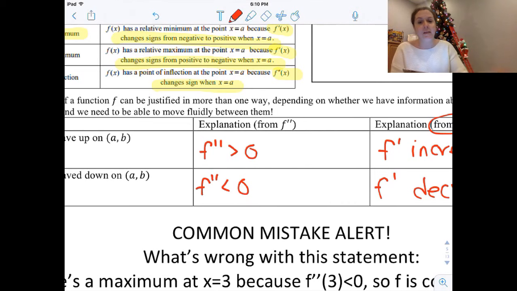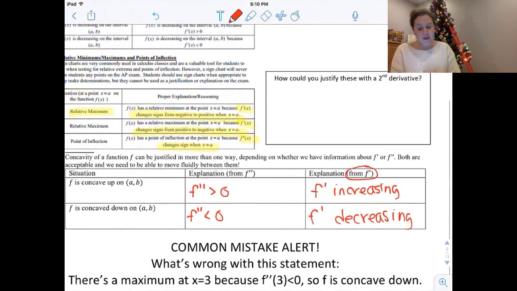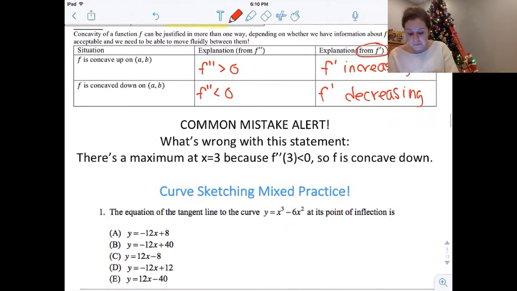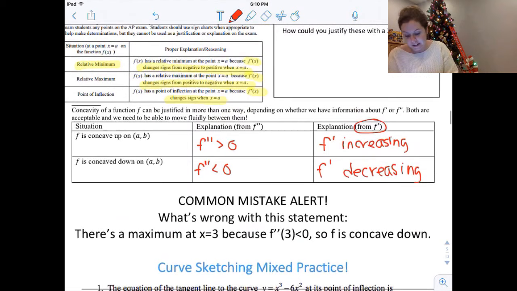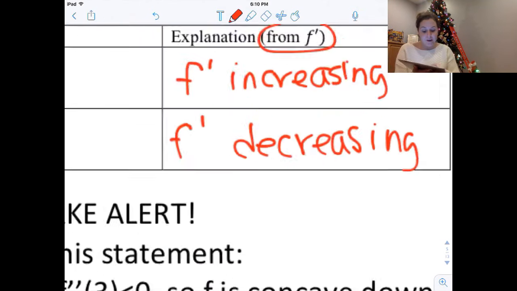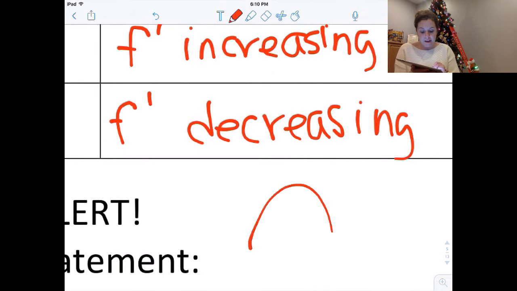Again, not something that you guys were struggling with a ton on your quiz, but just clarification if we needed it. Common mistake, what's wrong with this sentence? There's a max at x equals 3 because f double prime is negative, so f is concave down. What you need to know is that f can be concave down anywhere. Like f could be concave down on the entire domain, all real numbers.